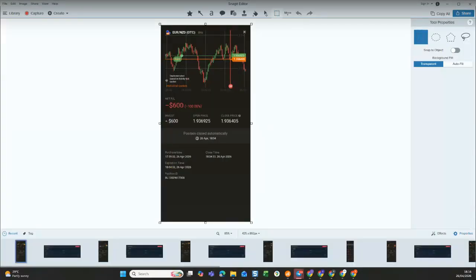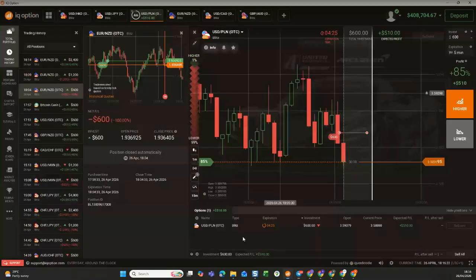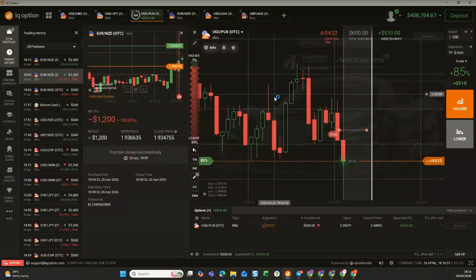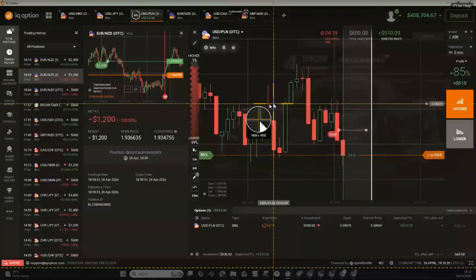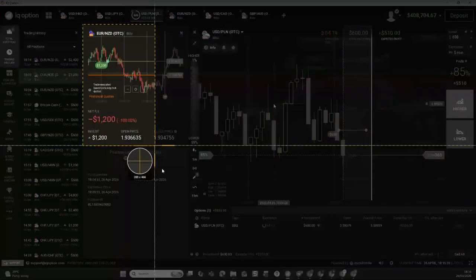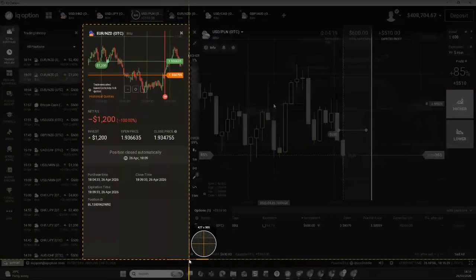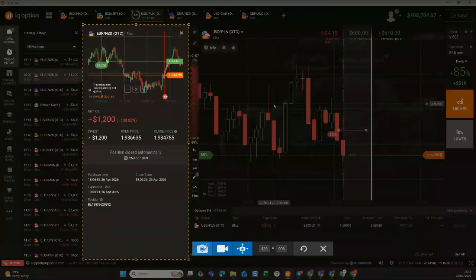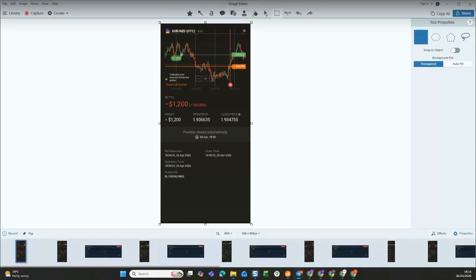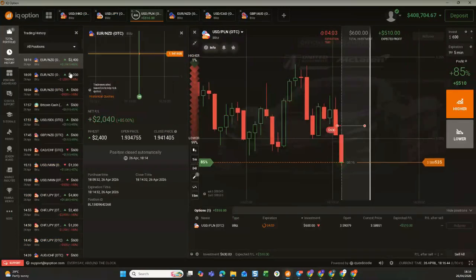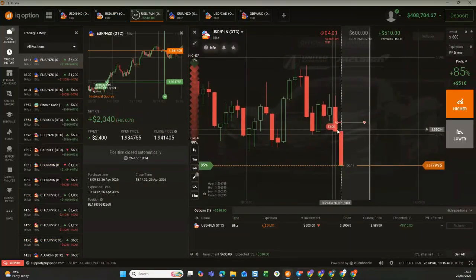So this was the first entry, and this is the second entry, and finally we have the third entry, which is where we did 2040.